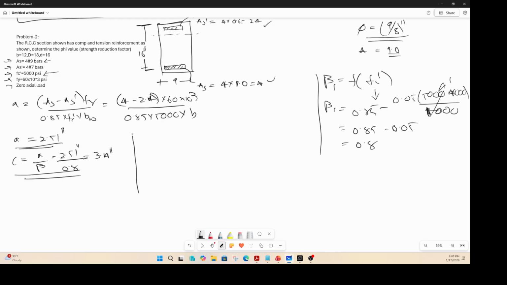That means if I draw the beam again here, that should hint about something. So that is telling us that here is my depth of neutral axis.